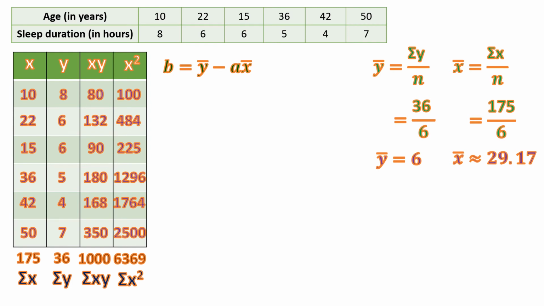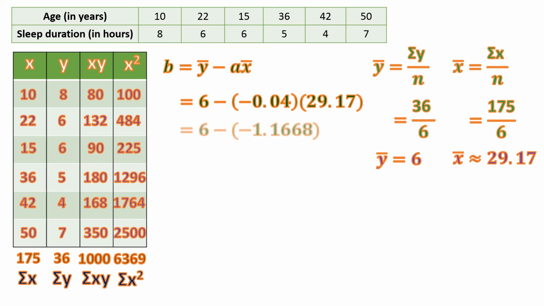So it's 29.16666 and so on. So we rounded to 2 decimal places. Then let us substitute. So the b now will be equal to 6, that's the mean of y, minus substitute a, which is negative 0.04, times 29.17, that's the mean of x.